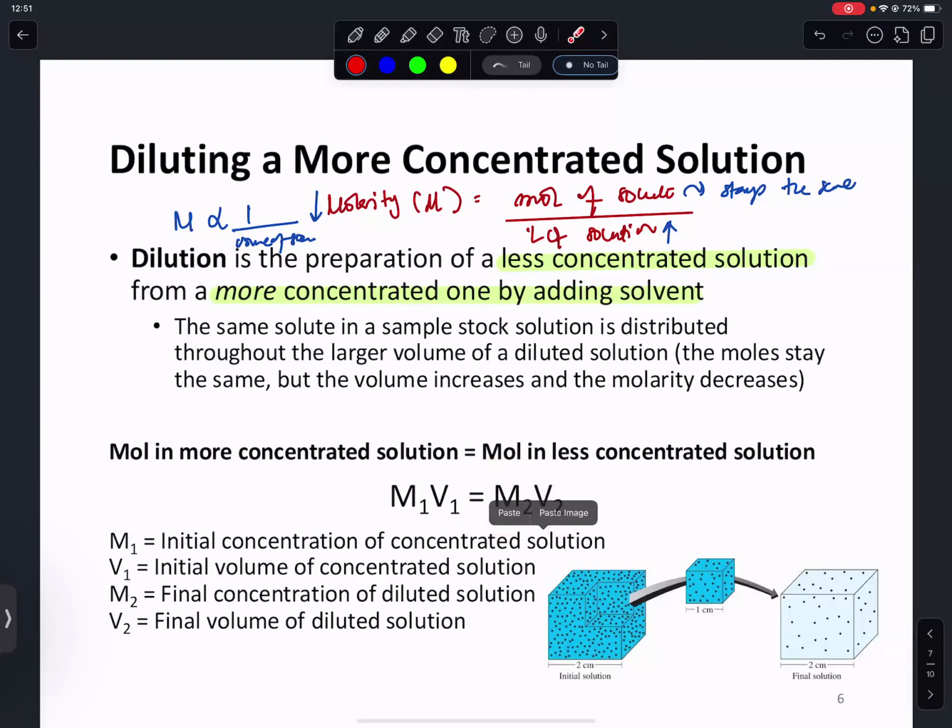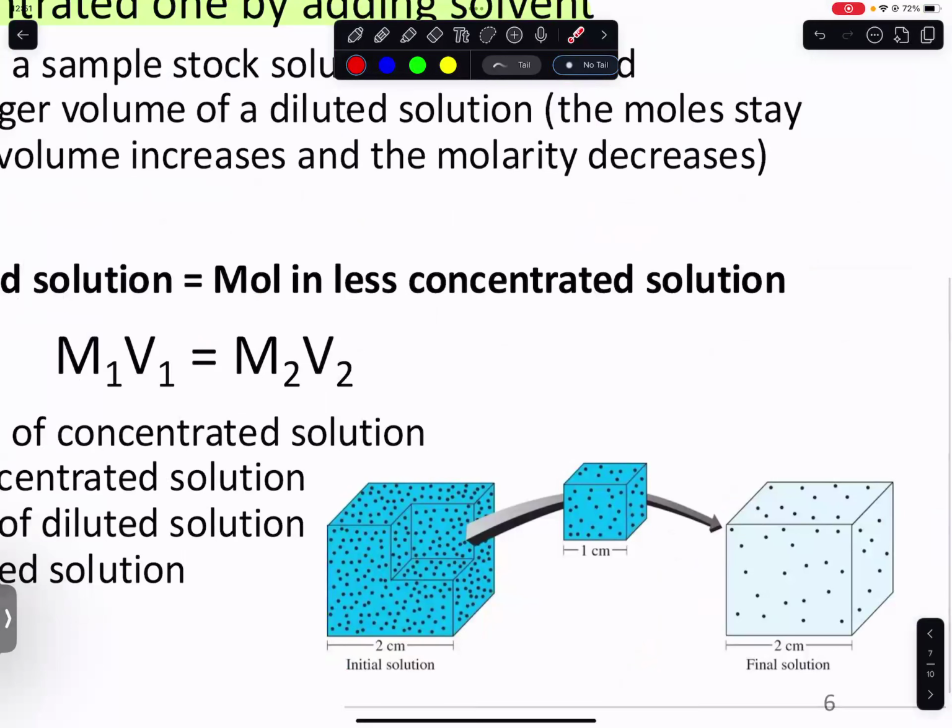I will zoom in a little bit right here to show you this cube with a length of 2 centimeters. The volume of the cube is 2 by 2 by 2, which is 8 cubic centimeters. If we took 1 cubic centimeter, or 1 milliliter, of this initial solution and added some solvent, my final solution will be diluted.